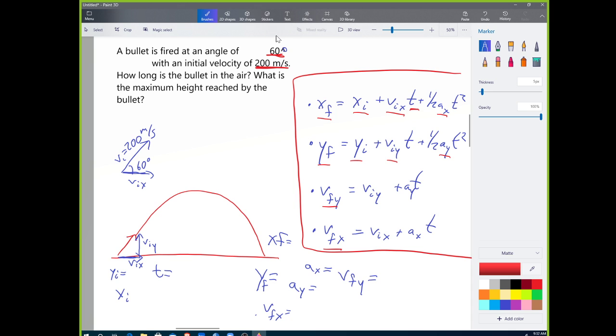So, for example, let's make this a little bit bigger so we can play with it. Remember in the videos I showed you, we talked about how when you shoot something at an angle, you break it down into its X and Y components. Does that sound familiar to you?